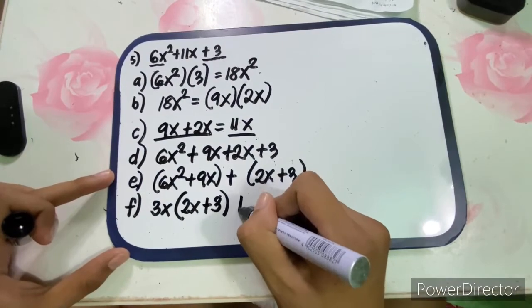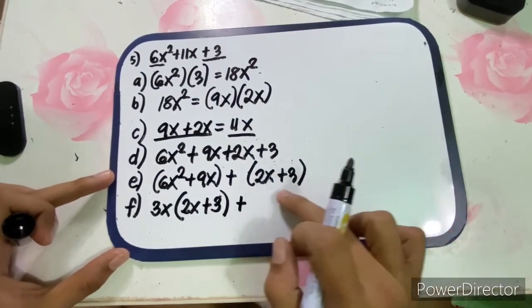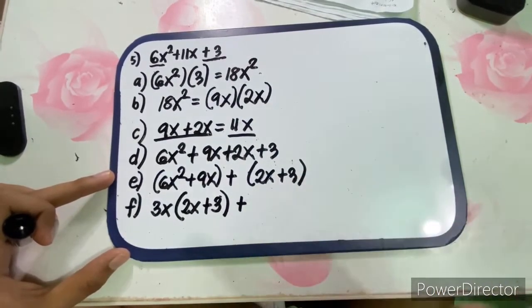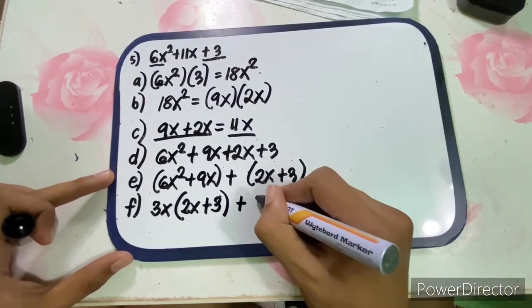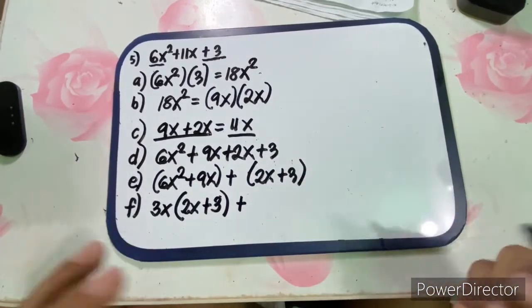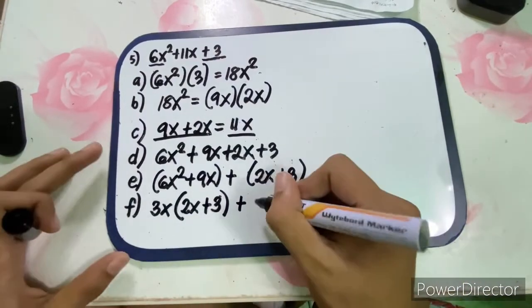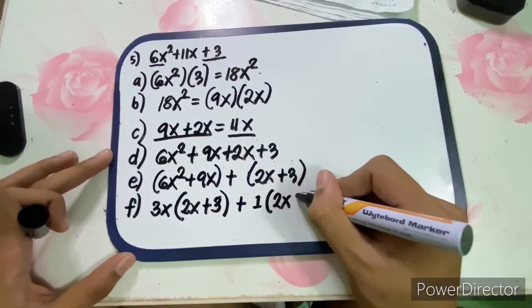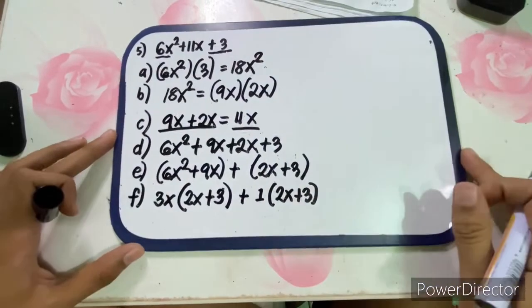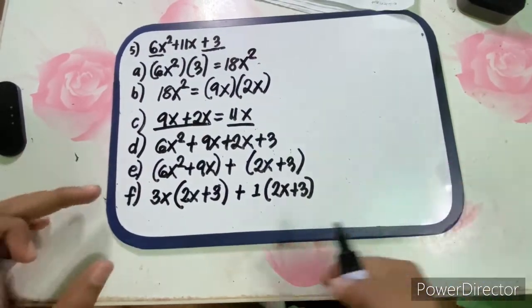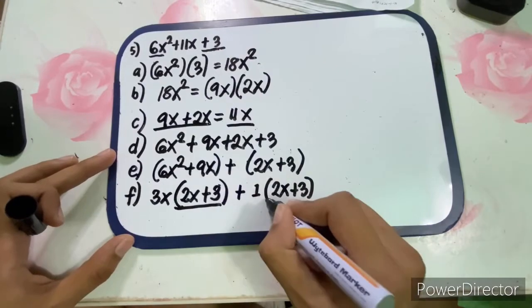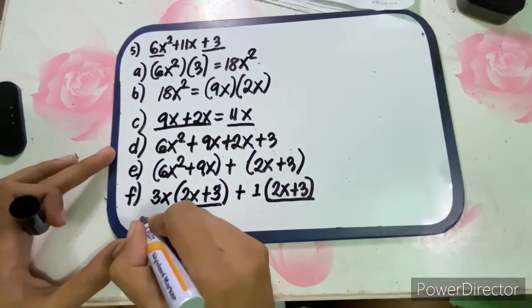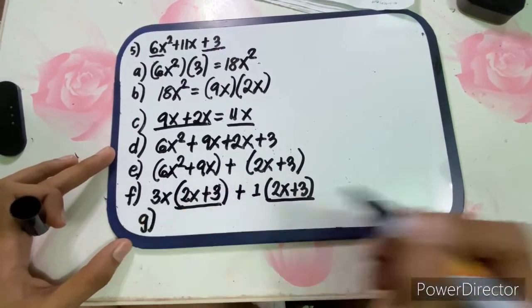Then plus, here, there's no common factor. Since you don't have something to factor out, you can write here 1 times 2x plus 3. Now, if you observe, we have a common binomial, so we need to factor out that common binomial.